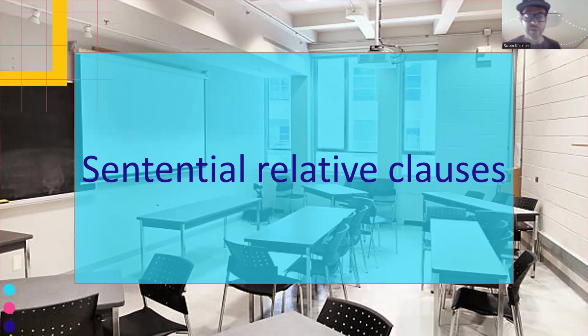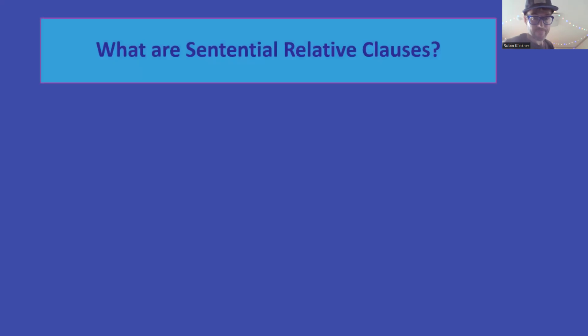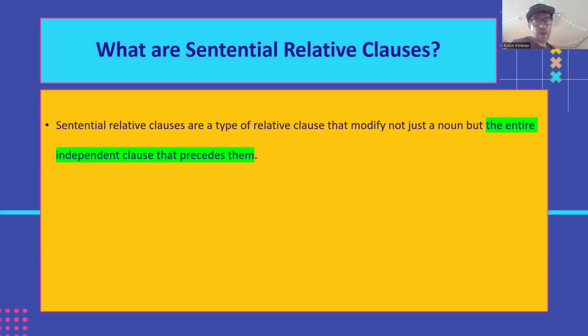All right, so let's focus on what these are. What are sentential relative clauses? These clauses are a type of relative clause. They don't just modify a noun. The appositives we talked about identified or modified nouns. Sentential relative clauses modify complete sentences.